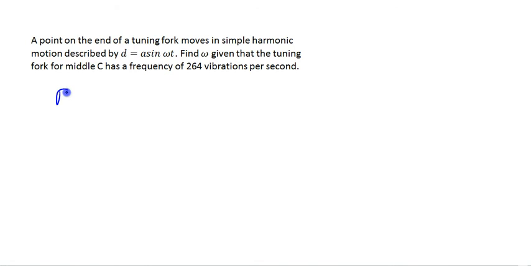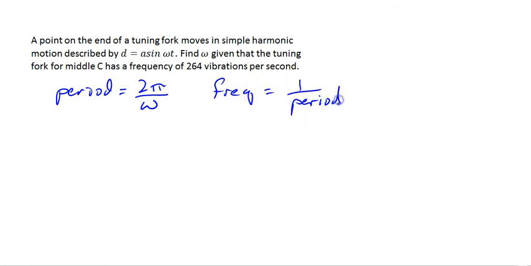So remember that the period of a sine function is 2 pi divided by that number in front of your variable, t. The frequency is the reciprocal of the period.